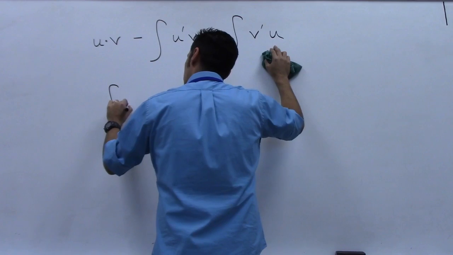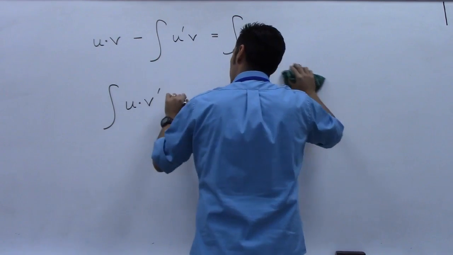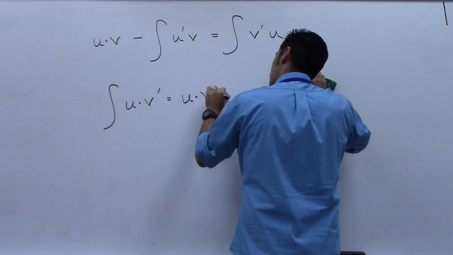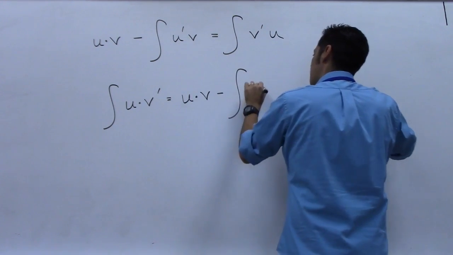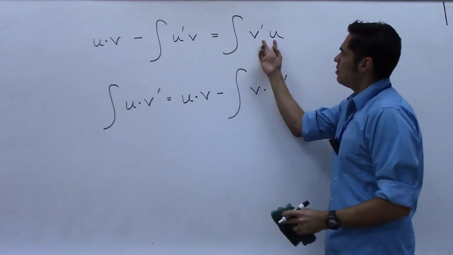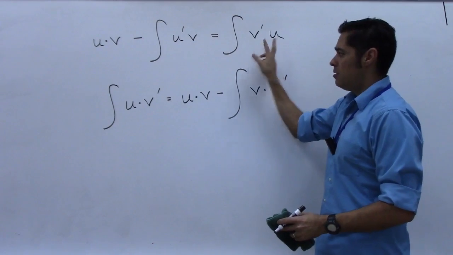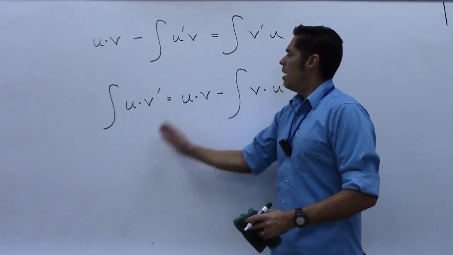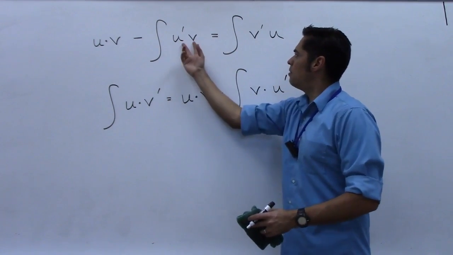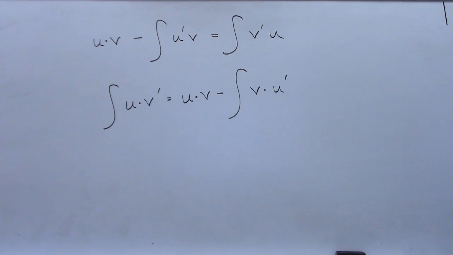I'm going to write u times v prime equals, and then this side over here, u times v minus integral v times u prime. So all I did here is I wrote this, but I switched it because it's multiplication. I'm allowed to do that, right? And then this side over here is the same, except here it was multiplication, so I wrote it that way. Okay?